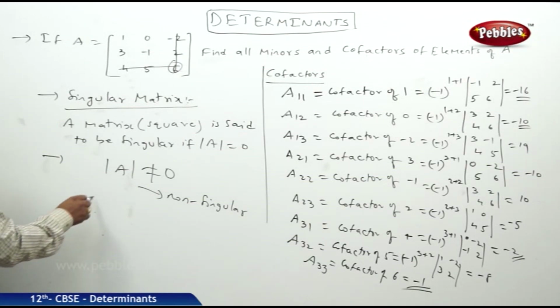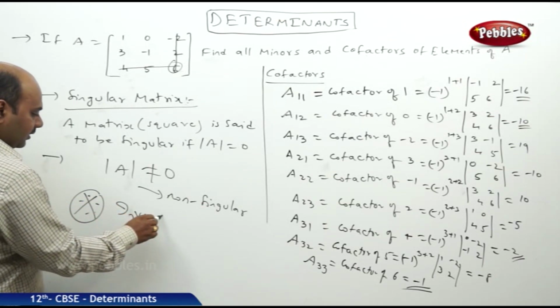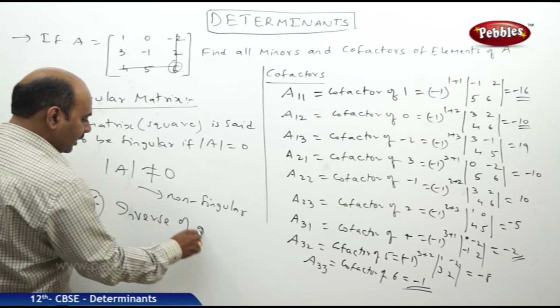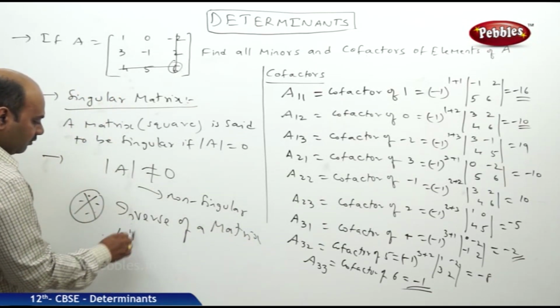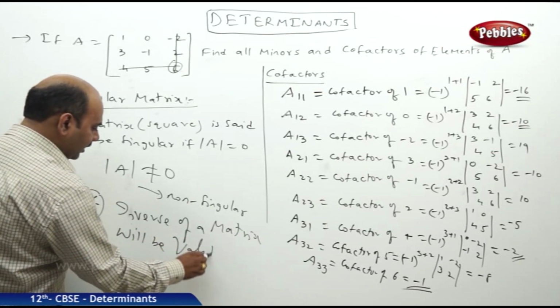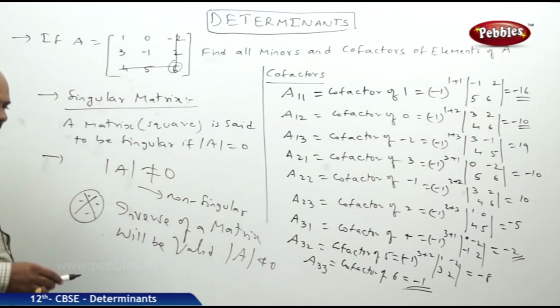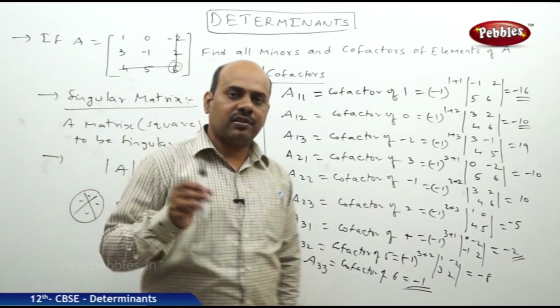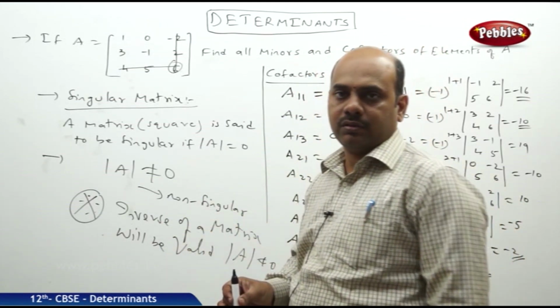So one final conclusion, what can I arrive at? Inverse of a matrix will be valid provided determinant of A is not equal to 0. That means every matrix possesses an inverse provided determinant is not equal to 0.